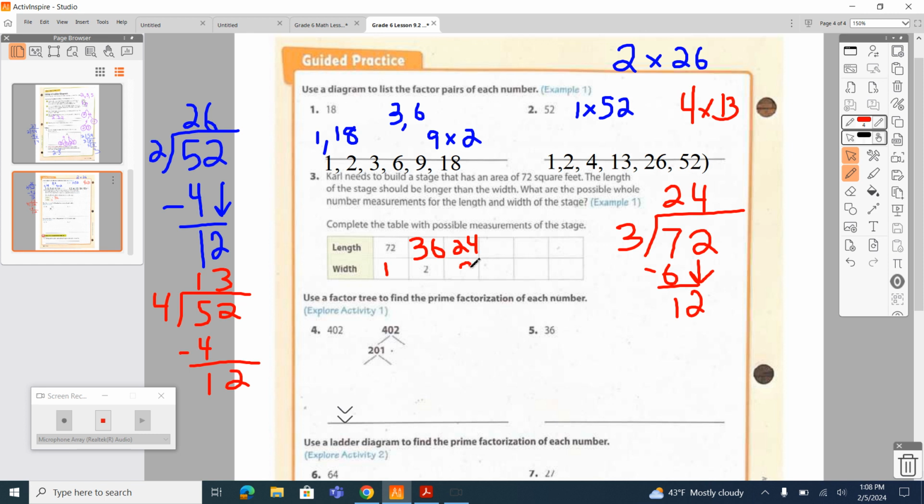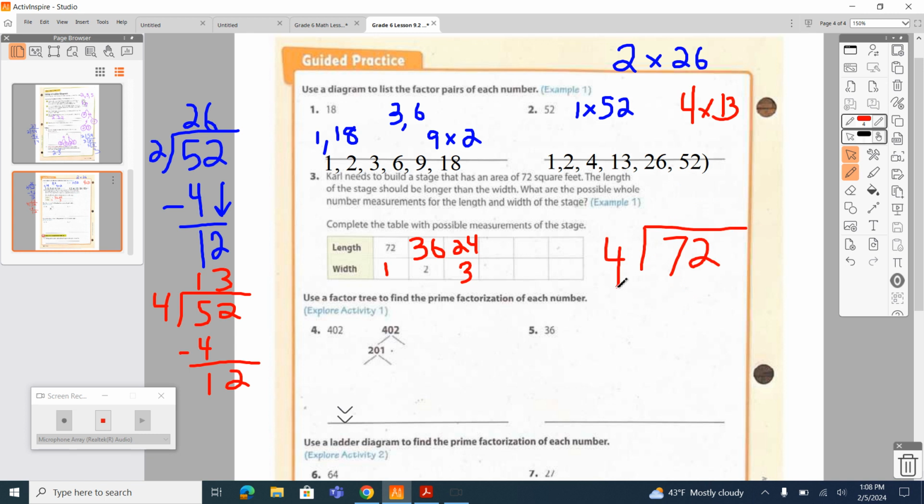72 is also divisible by 4. So 72 divided by 4. 4 goes into 7 one time. 1 times 4 is 4.